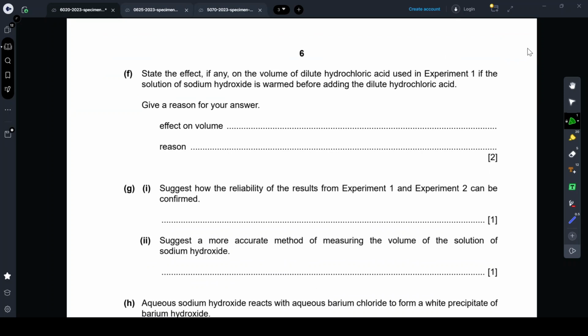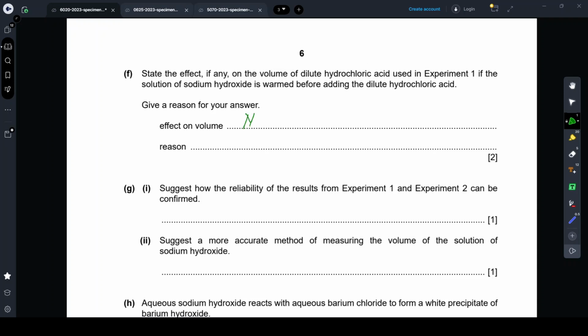So state the effect, if any, on the volume of dilute hydrochloric acid used in experiment 1 if the solution of sodium hydroxide is warmed before adding dilute hydrochloric acid. There will be no effect on the volume of hydrochloric acid needed.